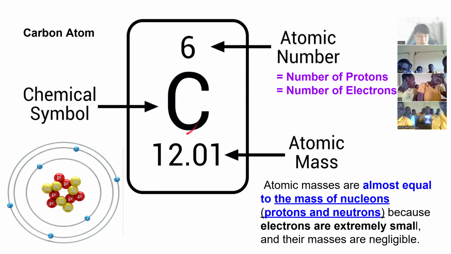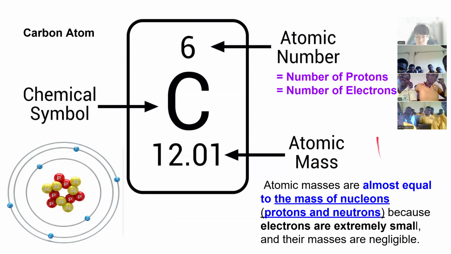In the center of this part of the periodic table is a symbol. Carbon's chemical symbol is C, standing for carbon. And on the bottom is the atomic mass. Atomic mass is 12.01.